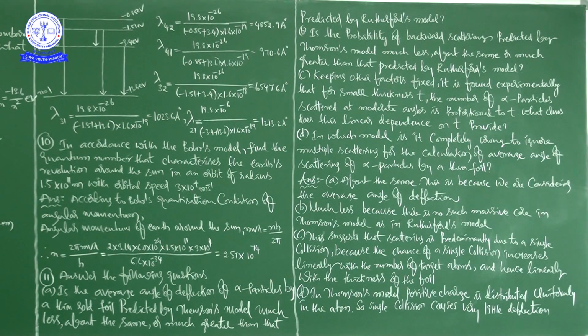So by keeping that situation in mind, see this question: what is the average angle of deflection of alpha particles by a thin gold foil predicted by Thomson's model, much less, about the same, or much greater than that predicted by Rutherford's model? So he is asking us to compare the average angle of deflection of alpha particles from Thomson's model to Rutherford's atomic model.